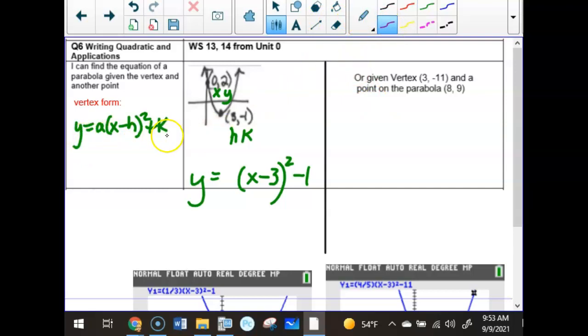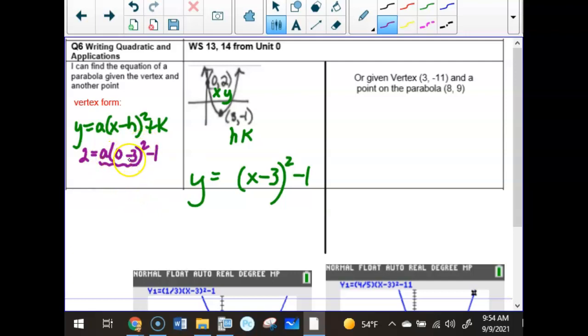So we went with this equation and we plugged in all of these numbers. So y was 2, a we're looking for, x is 0, minus h would be minus 3 squared, plus k is negative 1. Okay, then it got a little tricky because students want to do some crazy algebra, but what do we have to do here?